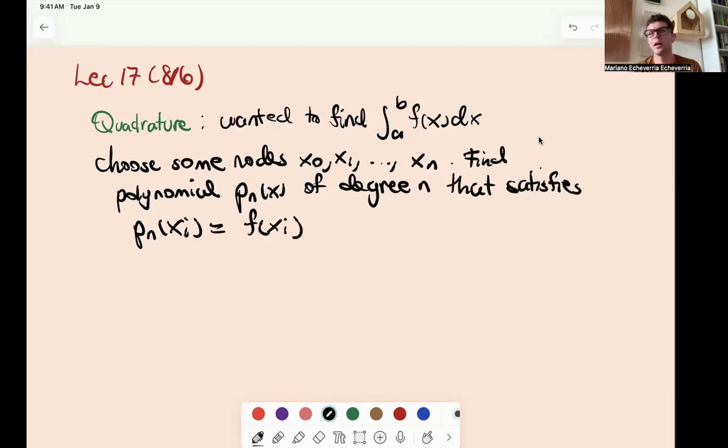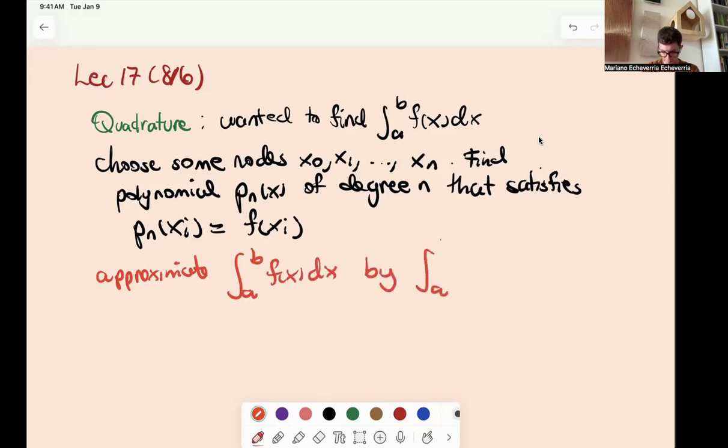Then the idea was to use that as an approximation for the value of the integral.